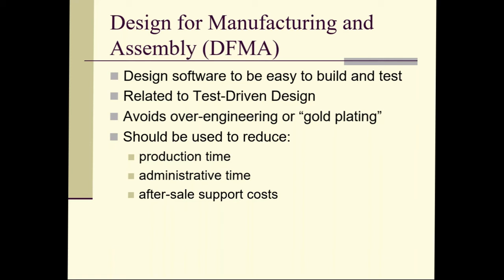Maybe some kind of computerized widget that the engineers have designed is no longer easy to manufacture because the tolerances are too tight, or maybe the way it was designed makes it too hard for the tools that the manufacturing people have available to build it. So the idea is to refine the design to make it easier to build.